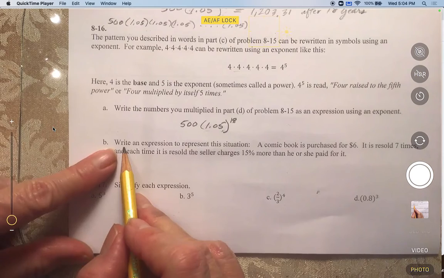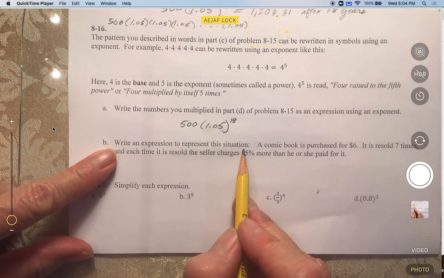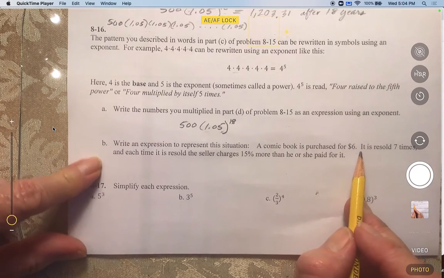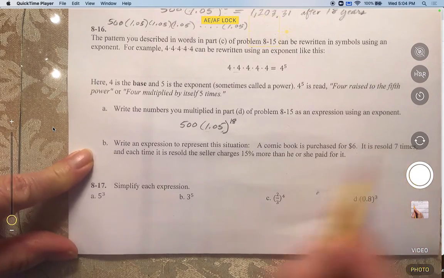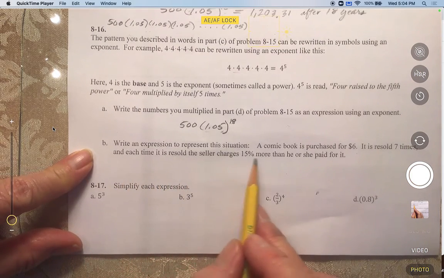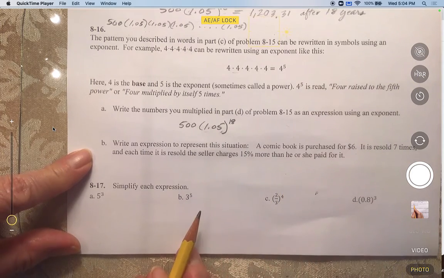Next it says, write an expression to represent this situation. A comic book is purchased for $6. It is resold 7 times, and each time it's resold, the seller charges 15% more than he or she paid for it.